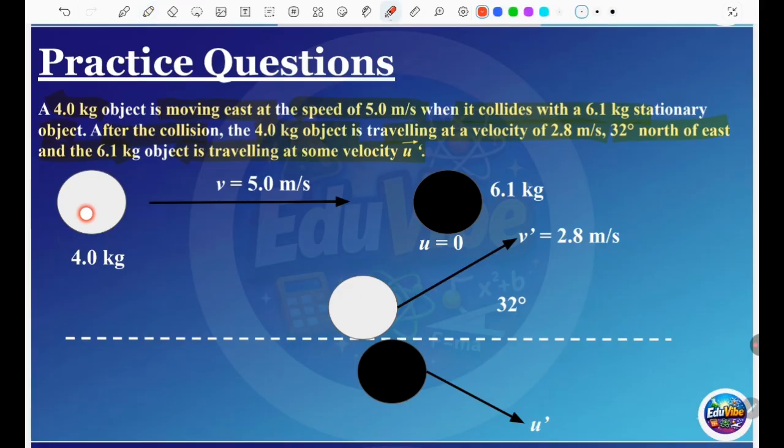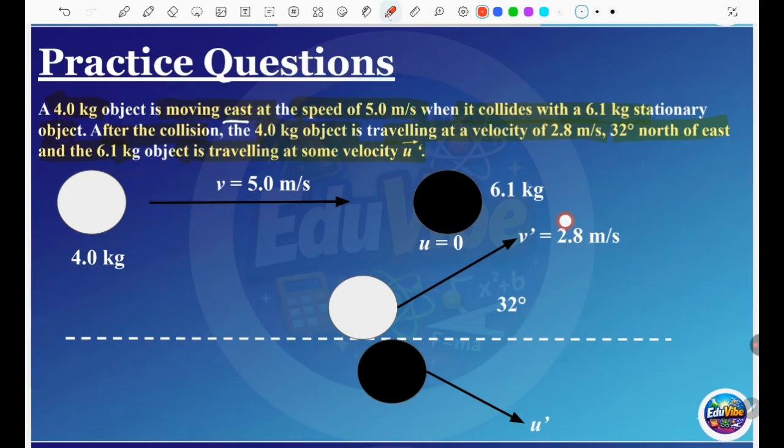So we have the 4.0 kg object traveling with 5.0 meters per second east. Then we have this mass of 6.1 kg at a velocity of 0. It is stationary, and this is before the collision.